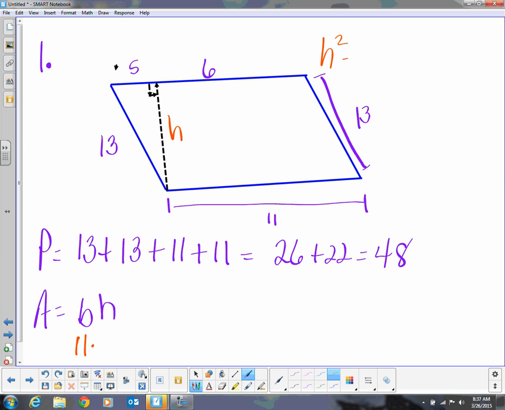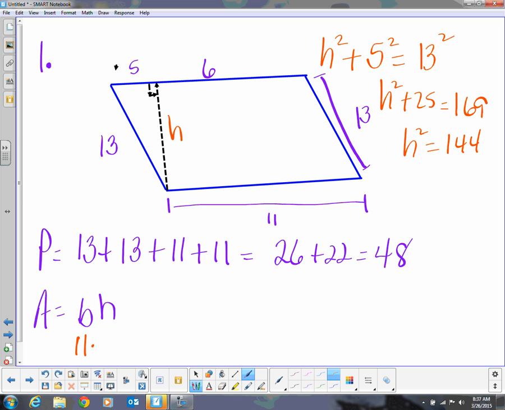So 8 squared plus 5 squared equals, don't you dare put a 30 or a 60, that doesn't make sense. 8 squared plus 25 equals, subtract, you get 144. Does anybody know what the square root of 144 is? I'm proud of you all. Which one do I use, the positive or the negative? Positive. So my area is going to be 132. Next.